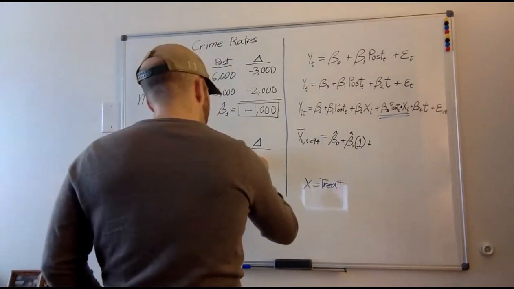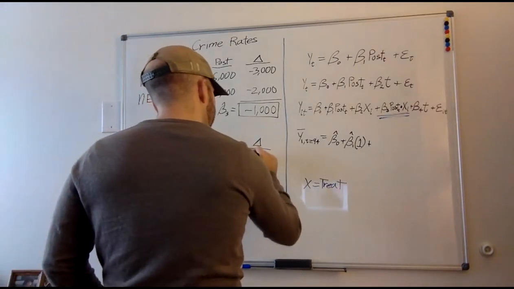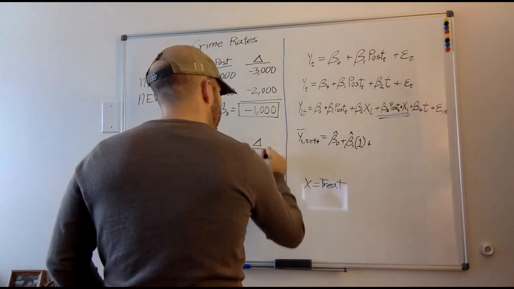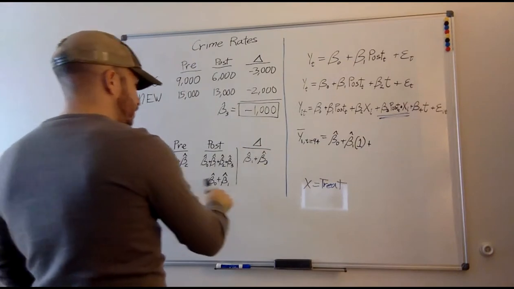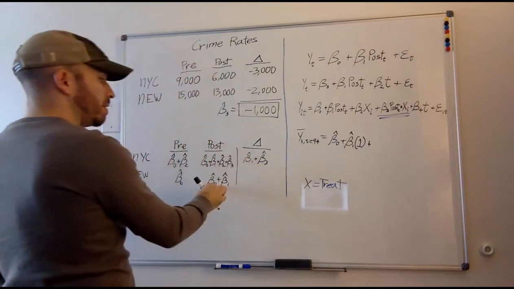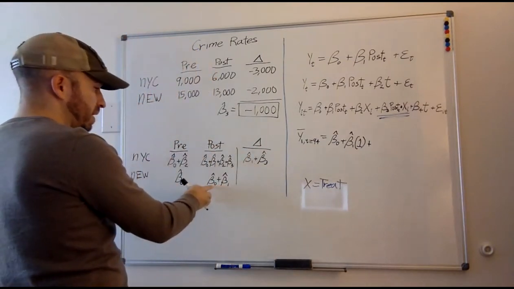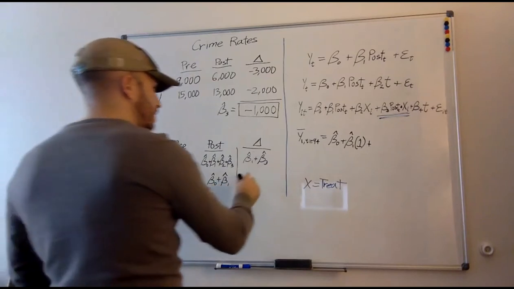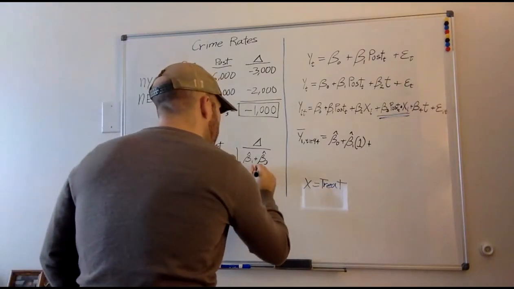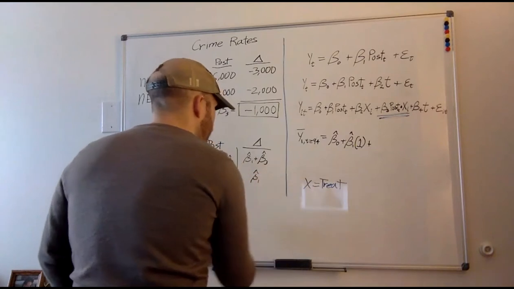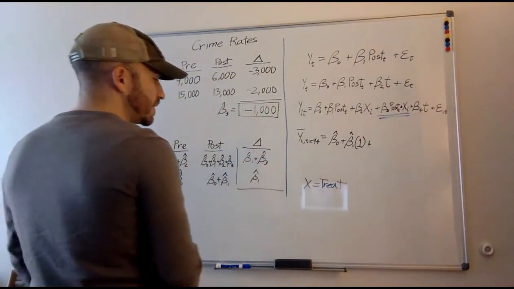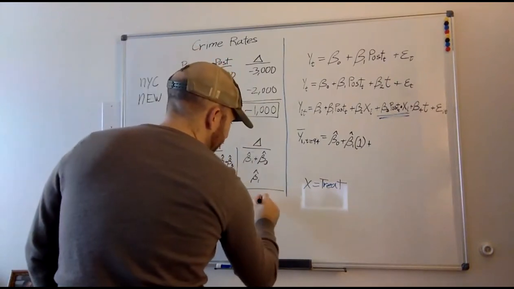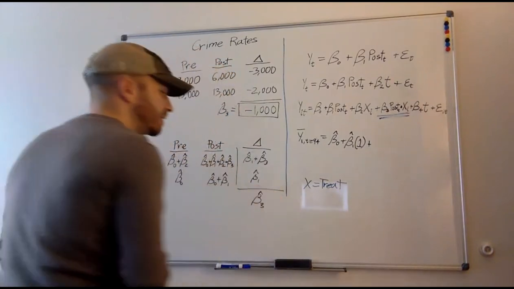So that's beta 1 hat plus beta 3 hat. And for Newark, it is beta 1 plus beta naught minus beta naught. So that's just beta 1 hat. The difference in the differences is our beta 3 hat.